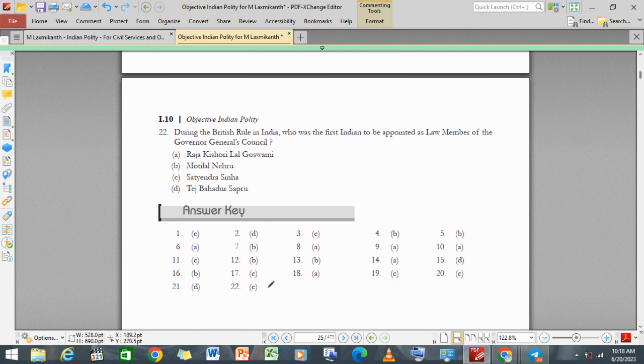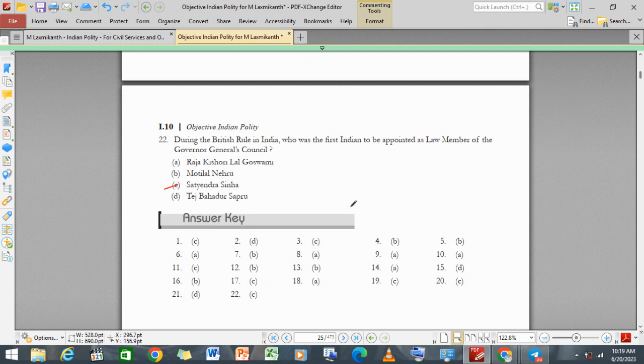Answers have been given. Very good. Now, during British rule in India, who was the first Indian appointed as law member? It was Satyendra Sinha, the first law member in the Governor General's Council, an executive member. So the answer is C.